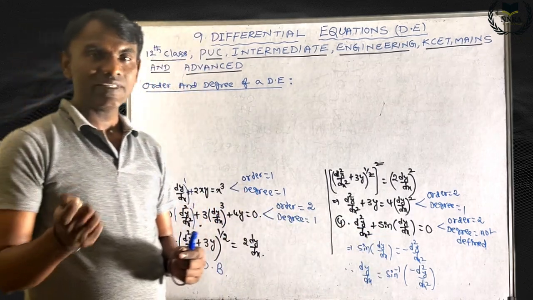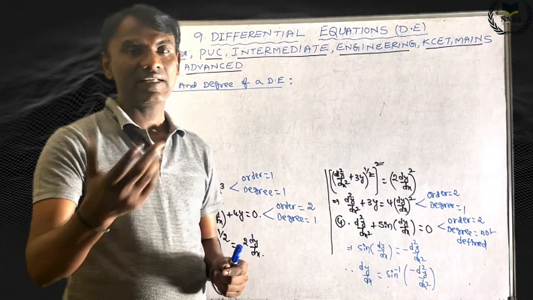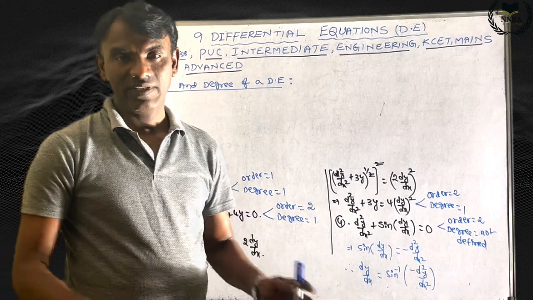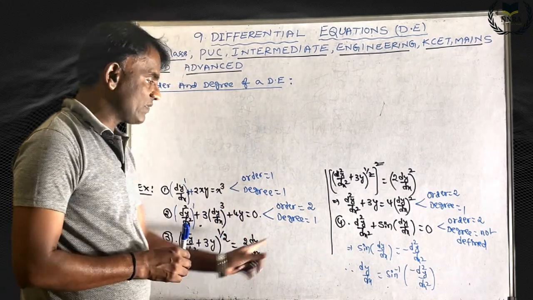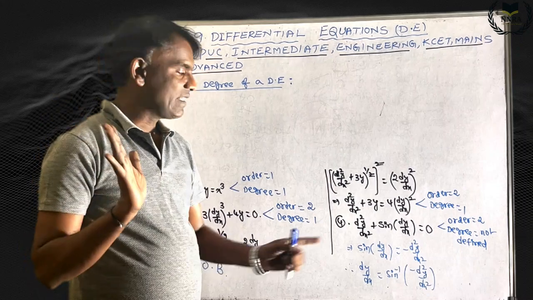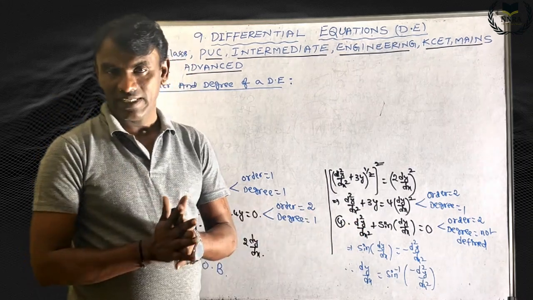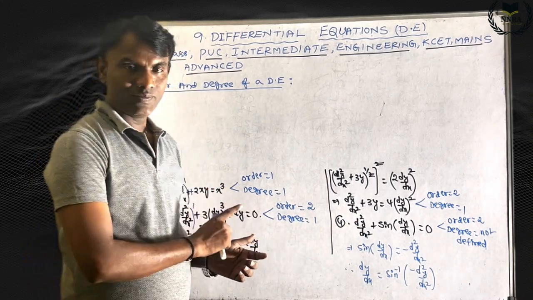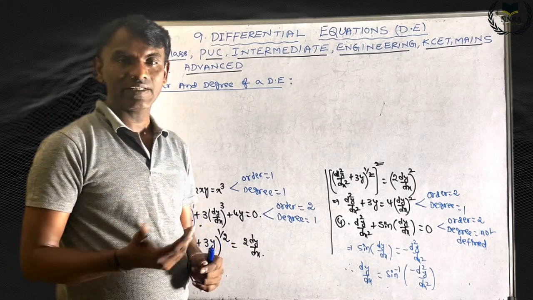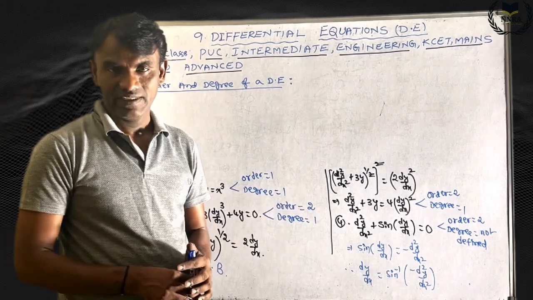So if the derivative is inside of a trigonometric or inverse trigonometric function, then degree is not defined. That is the difference between this one and the previous one. Simply we say that it is not a polynomial. If it is a polynomial, then only degree is defined. If it is not a polynomial, degree is not defined.